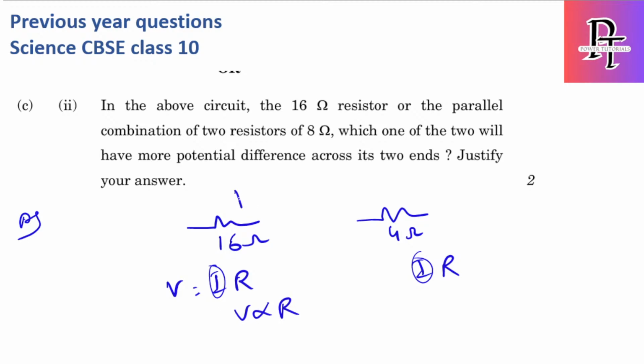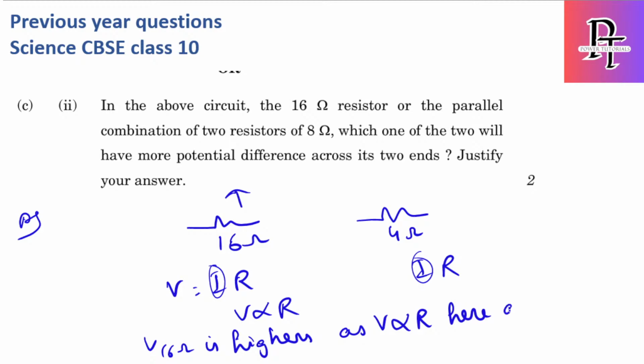So the voltage across 16 ohms is higher, as V is proportional to R and I is constant, because they are in series.